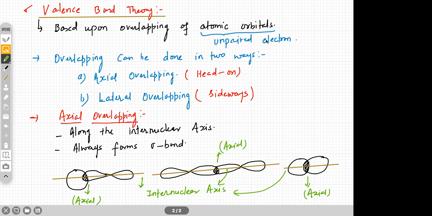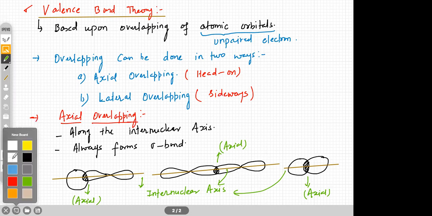Okay. Now in this one, the extent of overlapping, it is the experimental order we have.